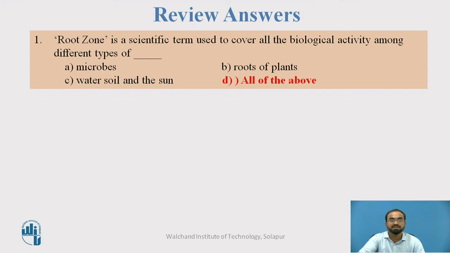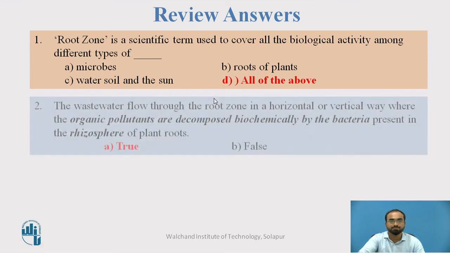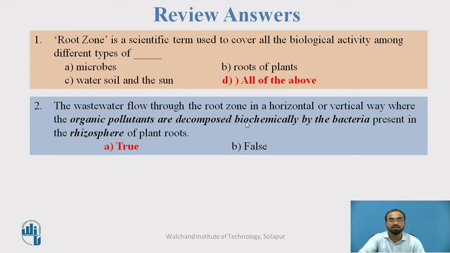Root zone is a specific term used to cover all the biological activity among the different types of microbes, roots of plants, water, soil and sun also. The statement that the wastewater flows through the root zone in a horizontal or vertical way where organic pollutants are decomposed biomechanically, that is using microorganisms, due to the presence of rhizosphere, the sphere nearby the roots of the plant where oxygen is provided to microorganisms, is very much right.